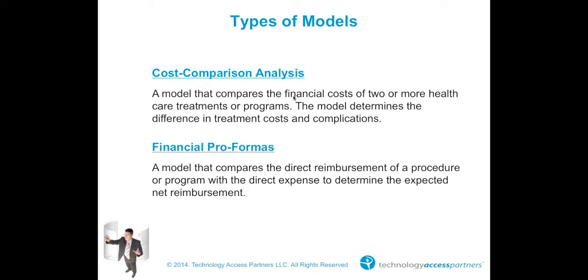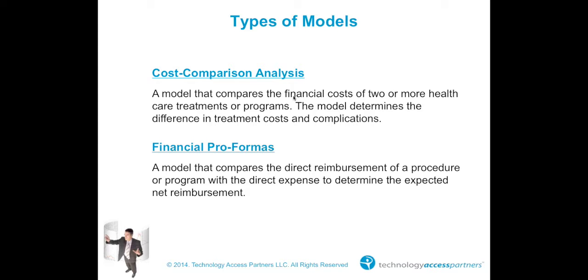Here what we're doing is we're looking at two different courses of treatment, and oftentimes it's a model where on the left side you have what I'll call the gold standard of care, the way treatment is currently being done. The right side, you'll have your intervention, your product, your technology, your procedure, and the cost associated with that. And then we start to tally up the differences in mortality, the differences in length of stay, the differences in intraoperative complications, and it's all based on cost.